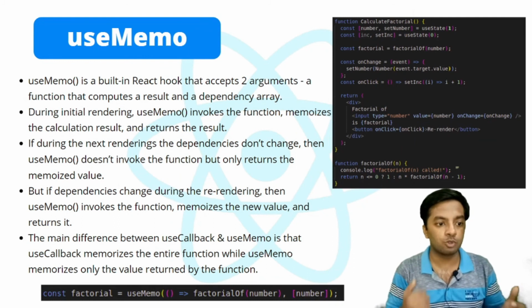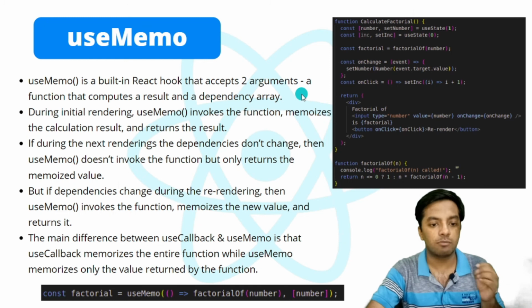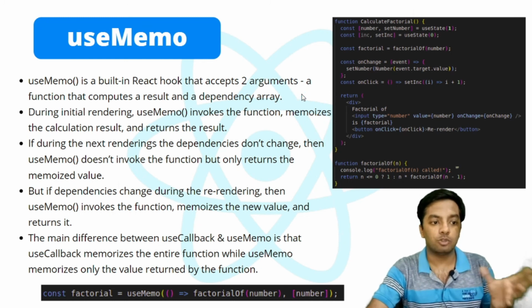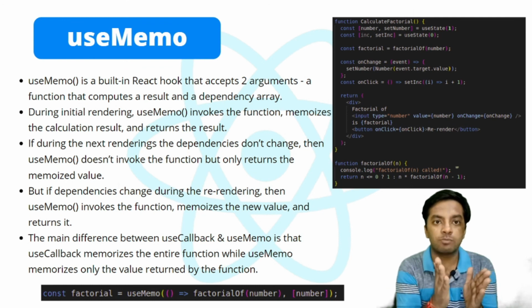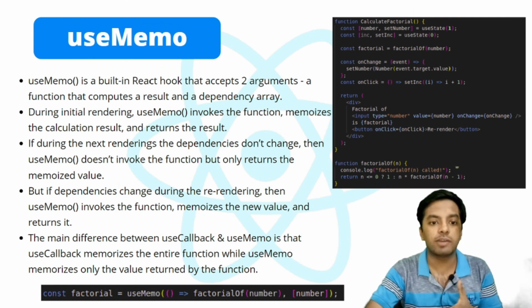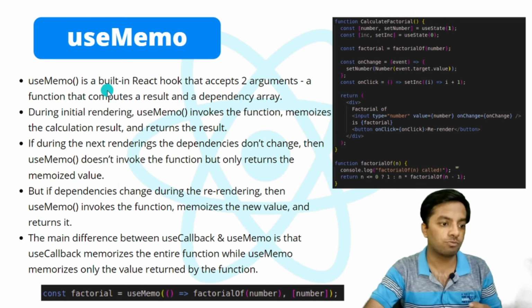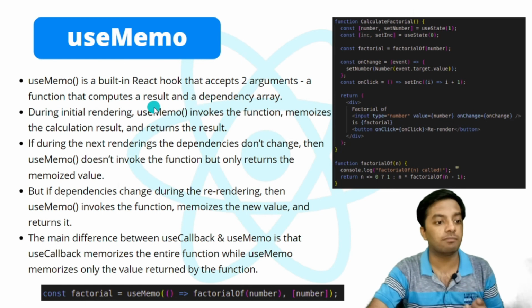So next is the useMemo hook. This hook is also similar to the useCallback hook, but the main difference is that the useCallback hook memorizes the entire function, whereas the useMemo hook only memorizes the particular value that is returned by that callback. Okay, useMemo is a built-in React hook that accepts two arguments, a function that computes the result and a dependency array.